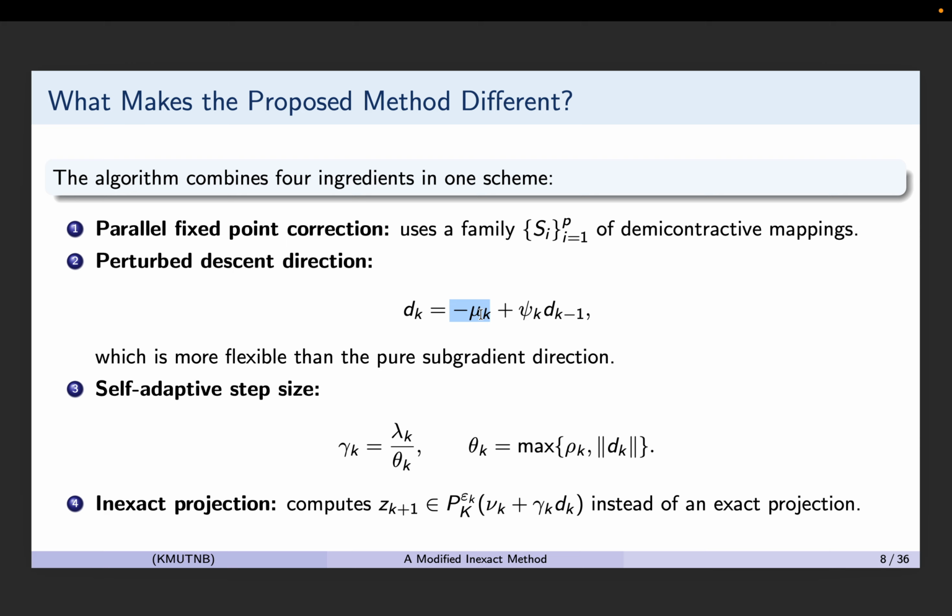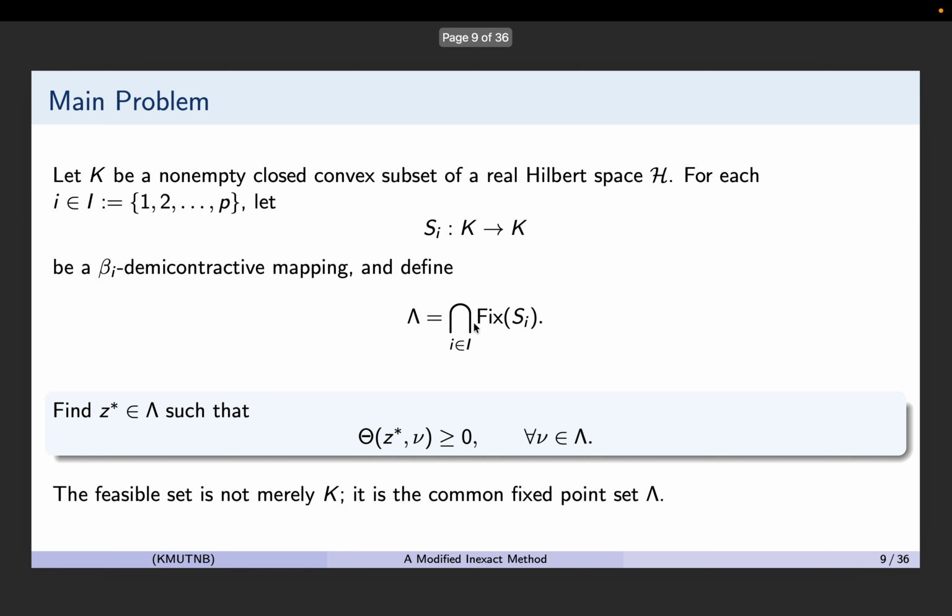You see that this perturbation incorporates the previous direction information d_{k-1}, which is very important in convergence. It has been shown that this kind of perturbation facilitates convergence, at least numerically. And also we use this form of step size and inexact projection method.